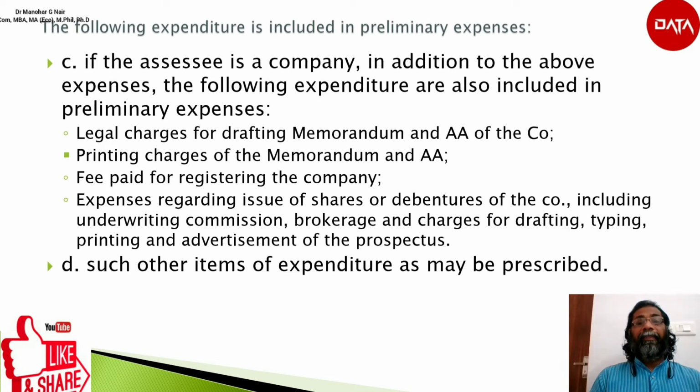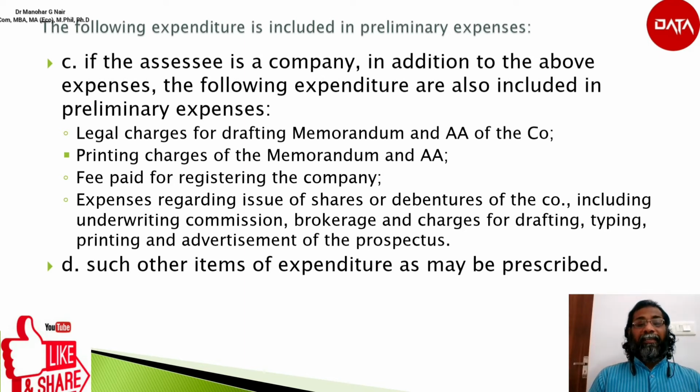If it's a company, in addition to the above expenses, the following expenditure are also included in preliminary expenses, such as legal charges for drafting memorandum and articles of association of the company, printing charges of the memorandum and articles of association, fee paid for registering the company, expenses regarding issues of shares or debentures of the company, including underwriting commission, brokerage, and charges for drafting, typing, printing, and advertisement of the prospectus.